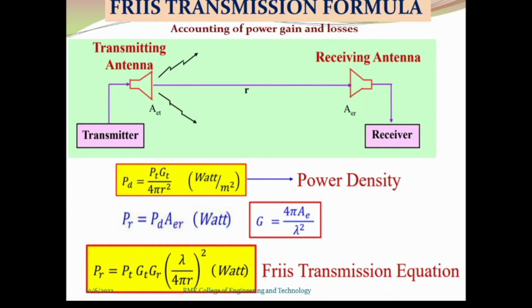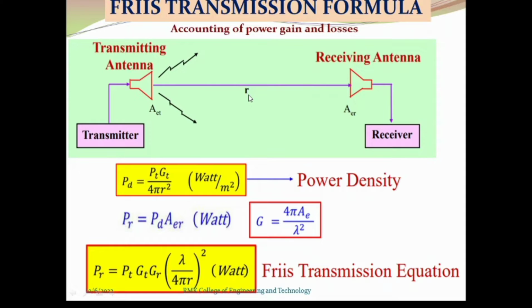One is the transmitting antenna, the transmitter part, and the other is the receiver part, and these two antennas are separated by the distance r, where AET is the effective aperture of the transmitting antenna, that is, the open end, the area over which the antenna will receive or extract power. AER is the effective aperture of the receiving antenna system, right? And these two antennas are separated by the distance r.